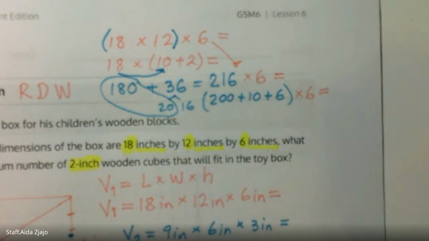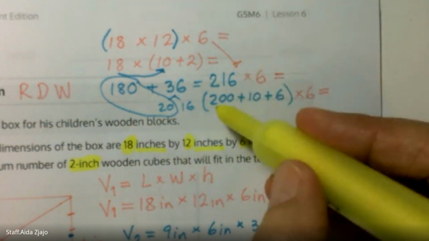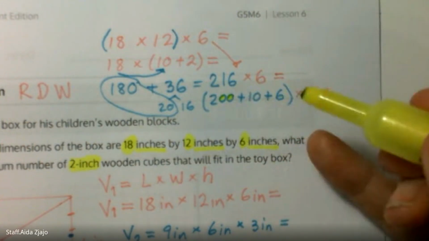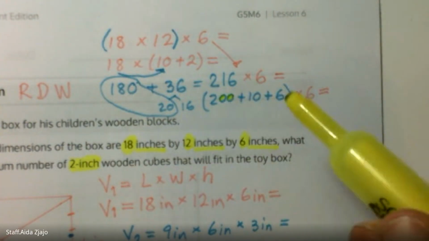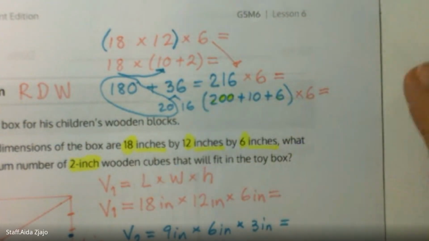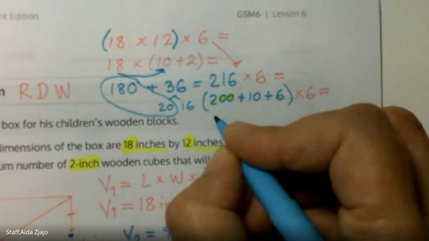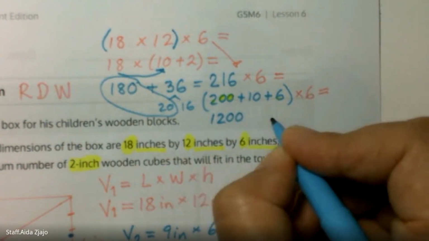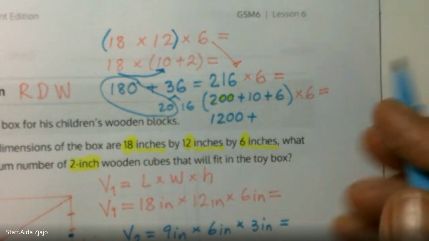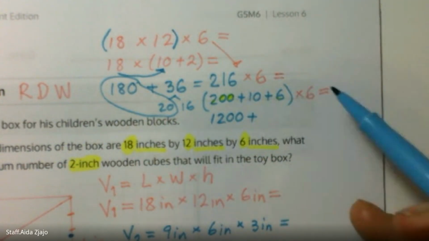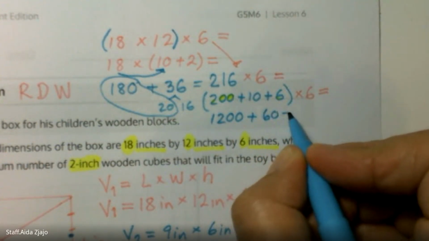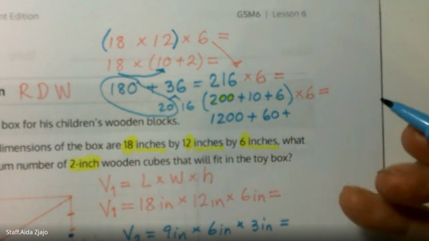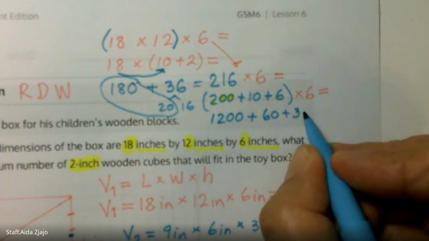So now you have 2 times 100 is 200, so you can do 2 times 6 is 12, but what is the 12 hundreds? 12 hundreds. Plus, 1 times 10 times 6 is 60. And then 6 times 6 is 36.